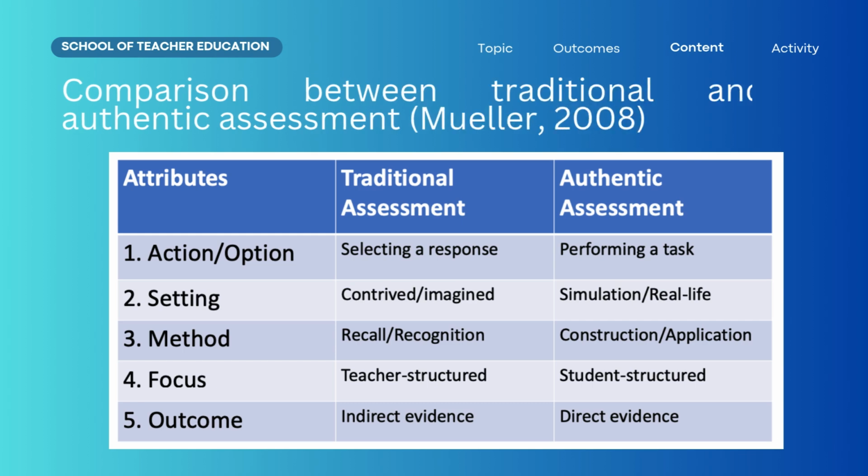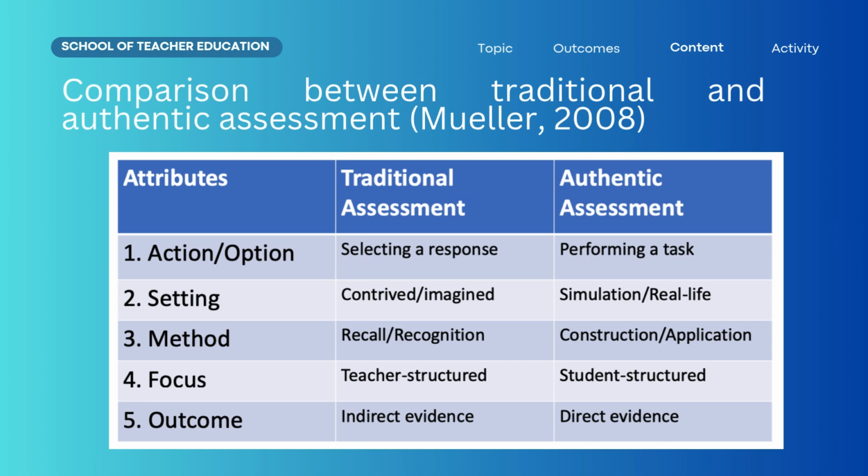Now let's look at the comprehensive comparison given by Mueller in 2008, in which these are the attributes of a traditional and authentic assessment. When it comes to action or option, traditional assessment usually is just selecting a response, or maybe you can create one, but still will limit you to a pen and paper type of test.